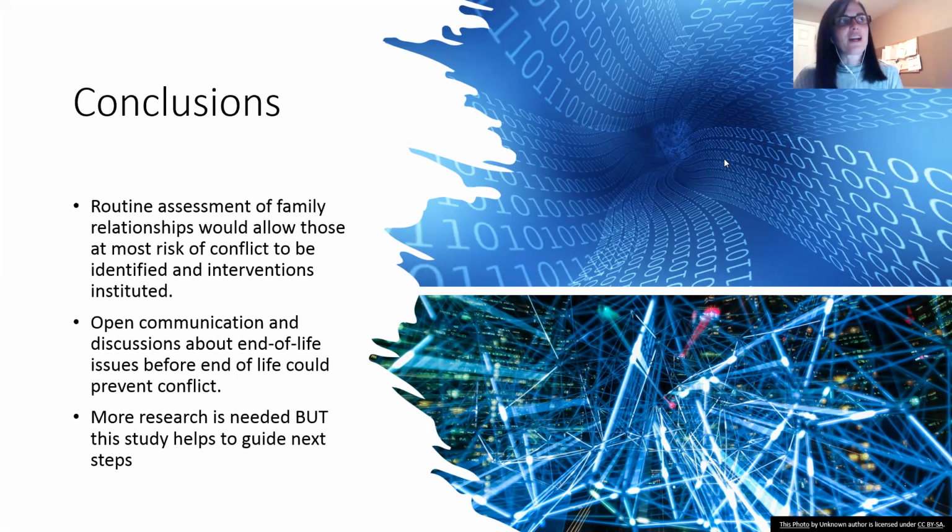I really feel like there's a lot of struggle sometimes in doing research towards end of life, because I'm thinking about myself: if I had a loved one moving towards palliative care with all the paperwork and moving parts, being asked to be part of a study may not be first on my list. And how open and honest are people about the conflict within their family? So there was a lot of that, but I do feel it was a good starting point, and it was good information that came out of that.